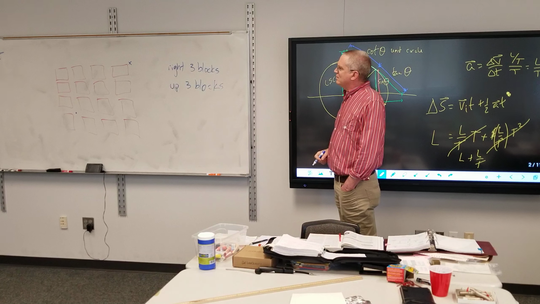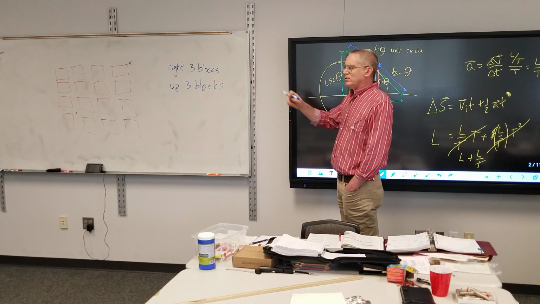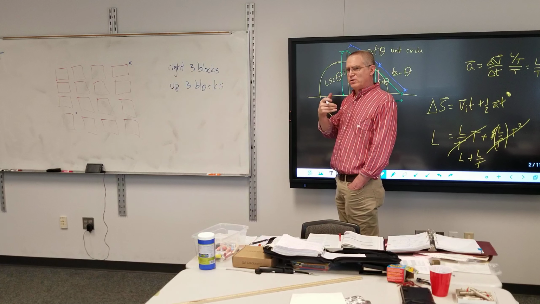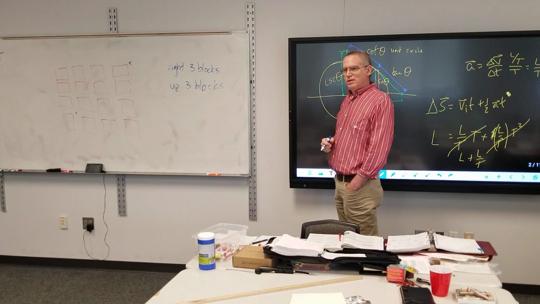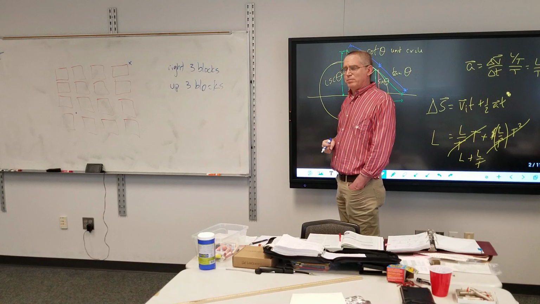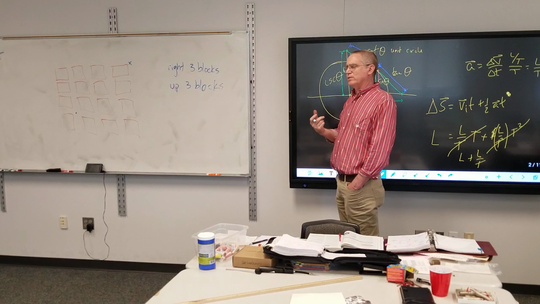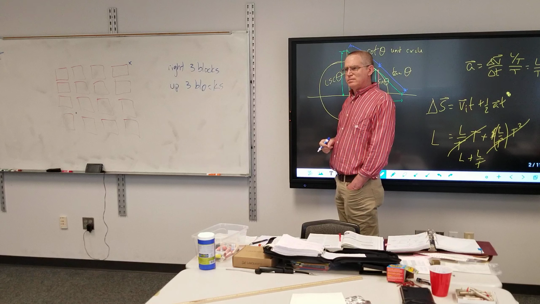Now, if someone's standing there in the street and you're talking to them on the phone, and you said go right 3 blocks and up 3 blocks, I'm not quite sure they know which way was right. How could we narrow this down a little bit better? Compass directions.